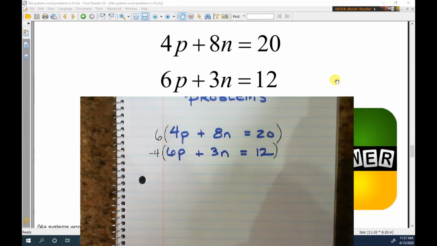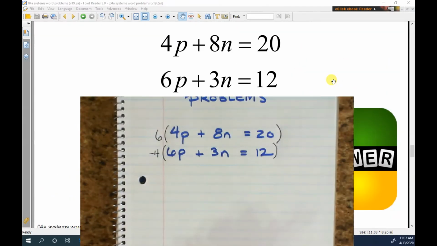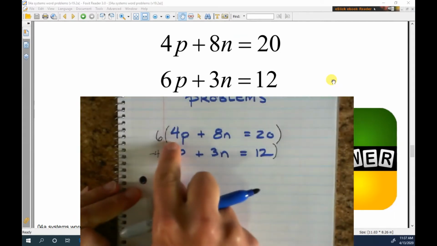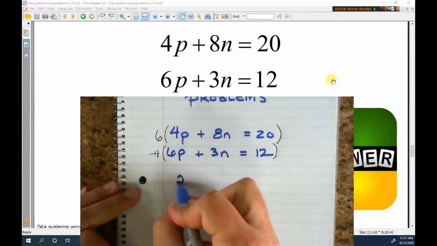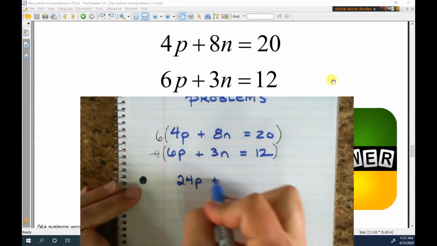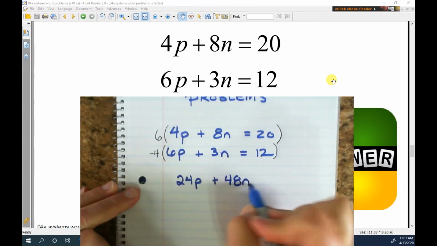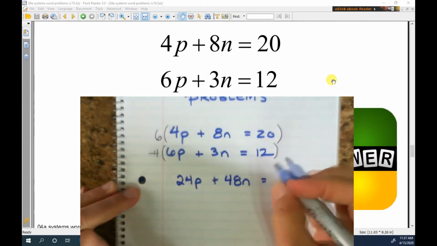Which gives me 6 times 4 is 24p. 6 times 8 is 48n. 6 times 20 is 120.